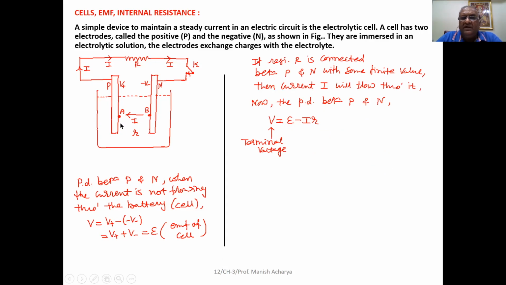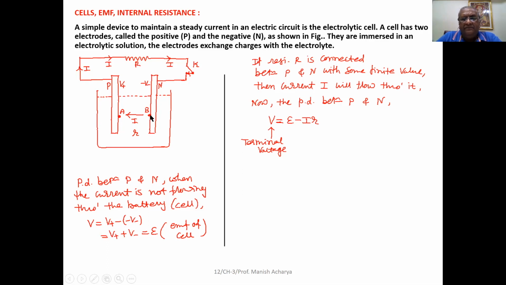Now, the current is constituted due to flow of charges, right? So here in the outer circuit, the current is constituted due to flow of electrons. But inside the cell, the current is constituted due to flow of ions.